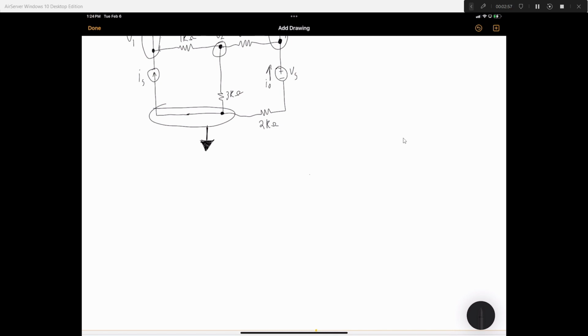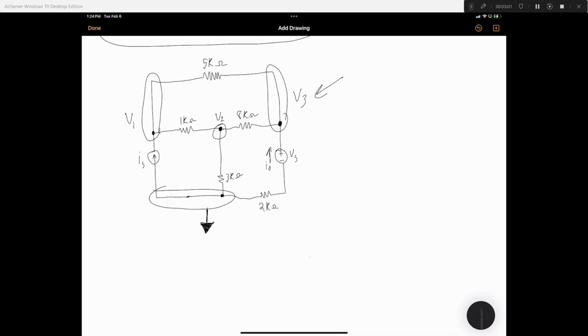Okay. Alright, for this next one, we're going to do a node at V3. Right, this one here. I think, right? It wants V3, right?